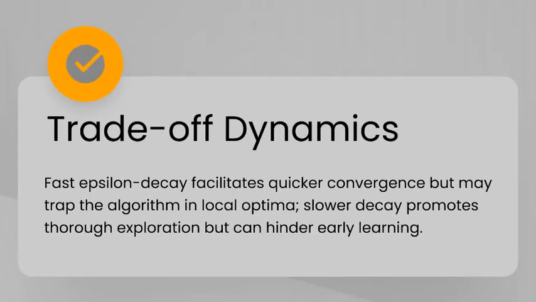And then with these two, we have trade-off dynamics. Fast epsilon decay facilitates quicker convergence, but may trap the algorithm in a local optimum, whereas slower decay promotes thorough exploration, but can hinder early learning. So you can see why these two things are important to try to balance.